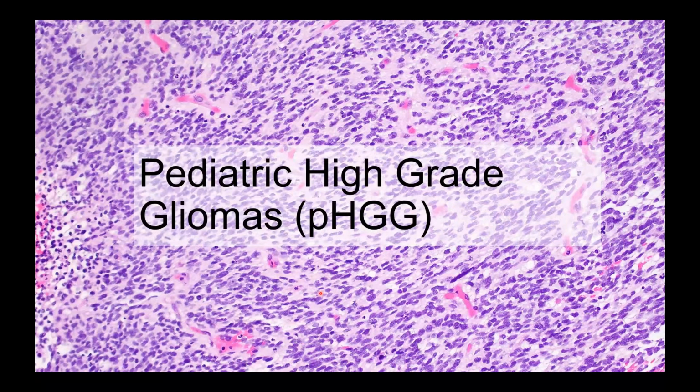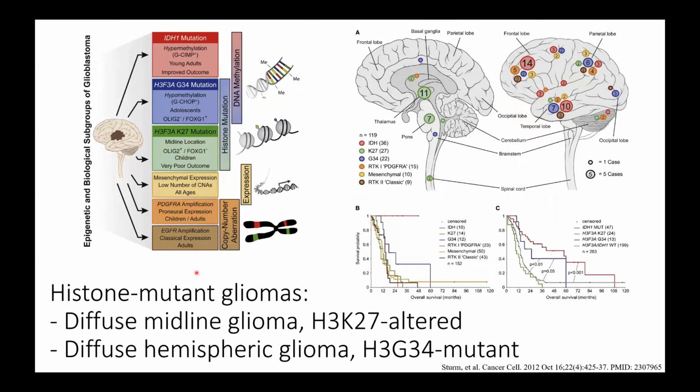I briefly want to talk about pediatric high-grade gliomas before we transition to our next topic. Unlike adult tumors that are driven by copy changes or IDH or EGFR type alterations, these tumors have very different drivers. In particular, those that have histone mutations we'll discuss briefly.